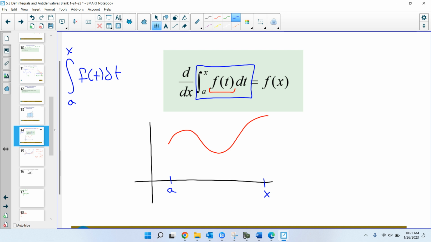The area under f of t between a and x. It's this. We don't quite know how yet, but what does that green area have to do with f of t? It's something to do with its what?